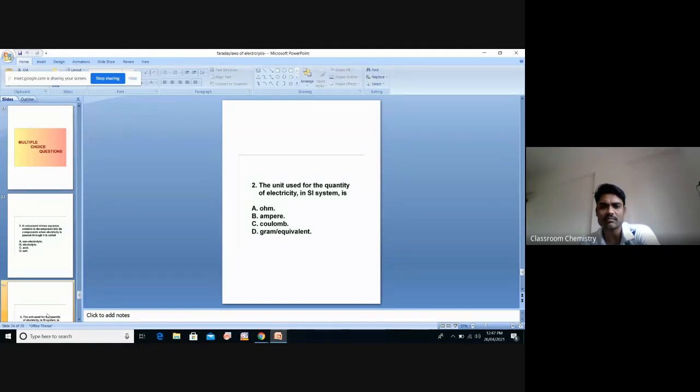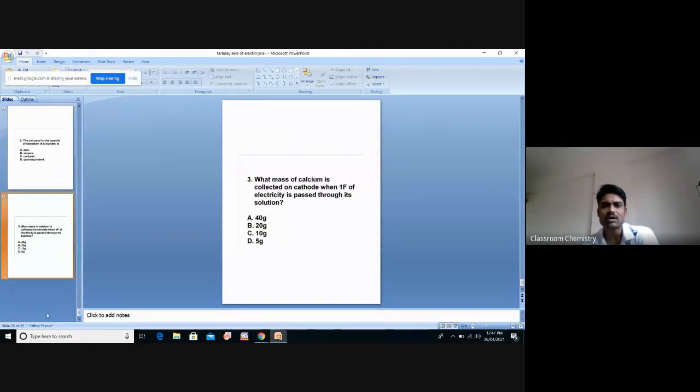You all have an idea regarding ampere. What mass of calcium is collected on cathode when 1 Faraday of electricity is passed through its solution? Who can tell me? Now we have to see the quantity and their chemical equivalent of masses. Let us look at the atomic number of calcium. Who can tell me the answer?